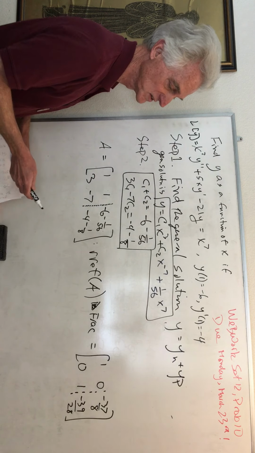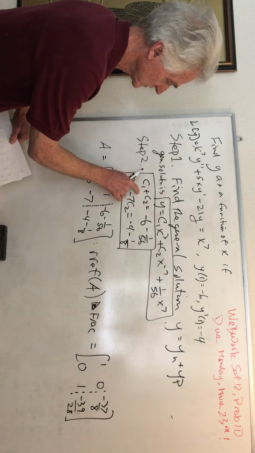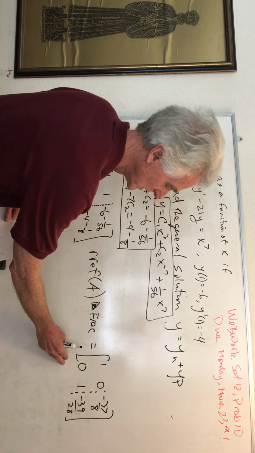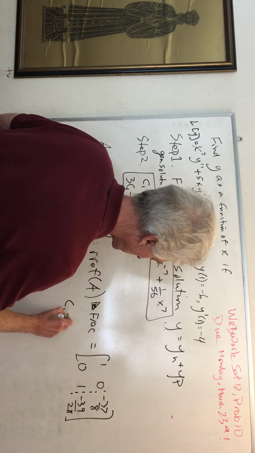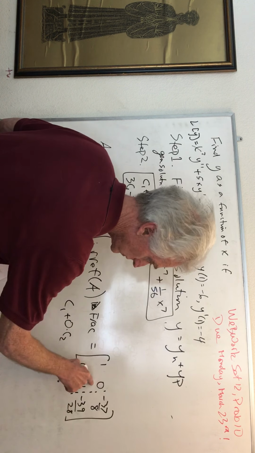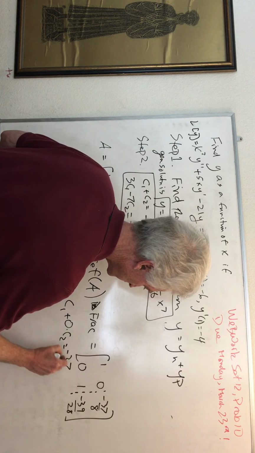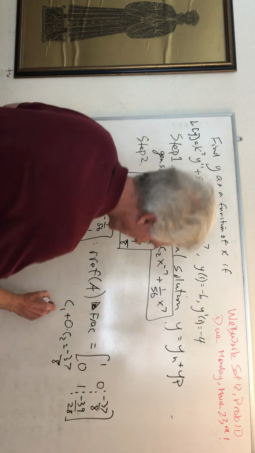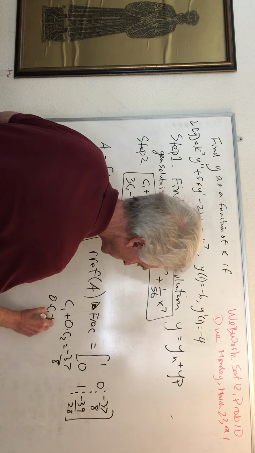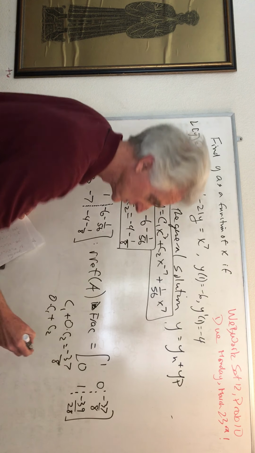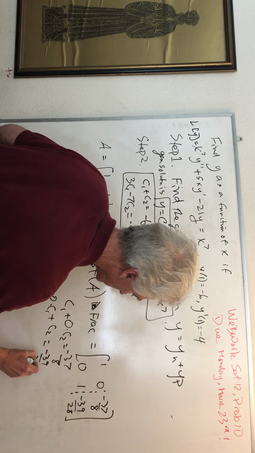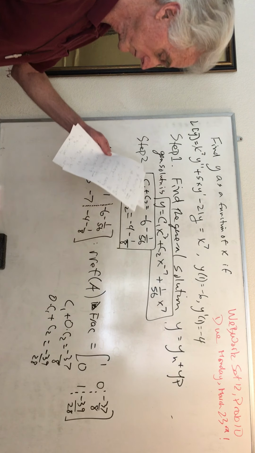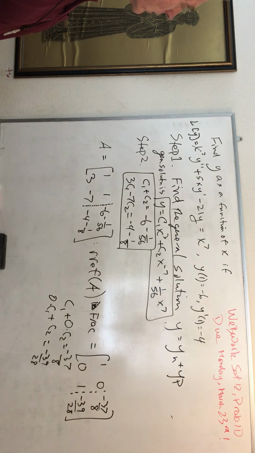So what this is really saying is, this system is equivalent to a new system that says that C1 plus 0 times C2 is negative 37 over 8, and 0 times C1 plus C2, or 1 times C2, is minus 39 over 28. Okay? Cool.